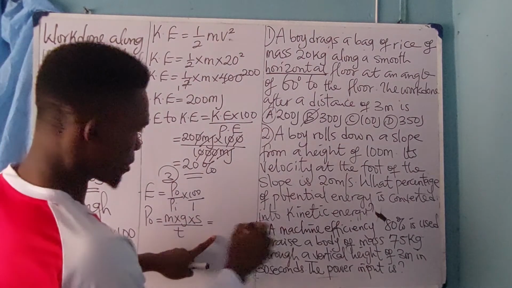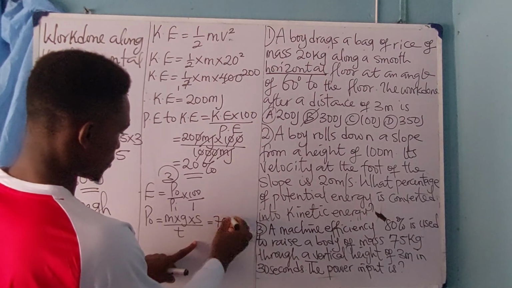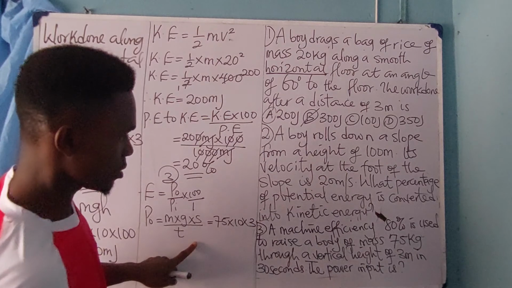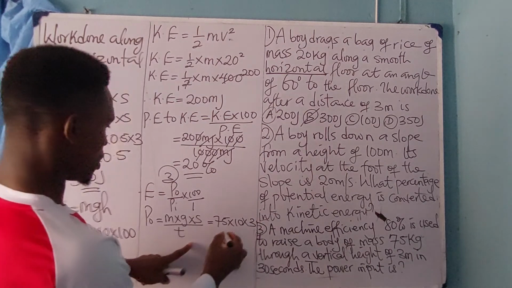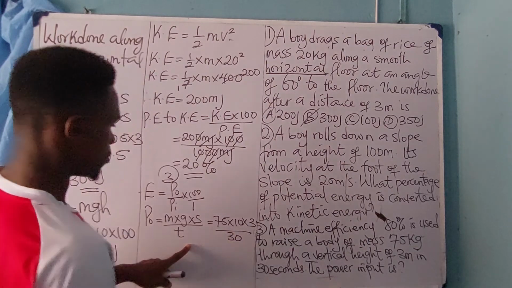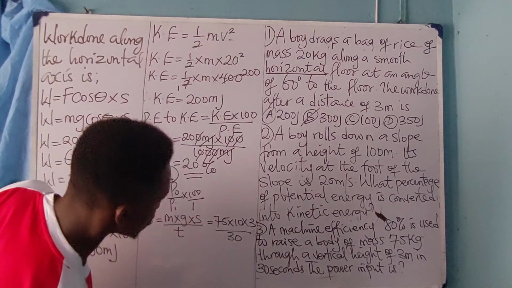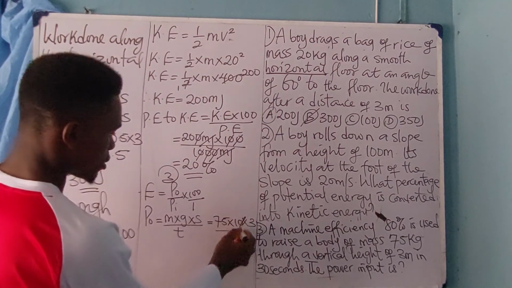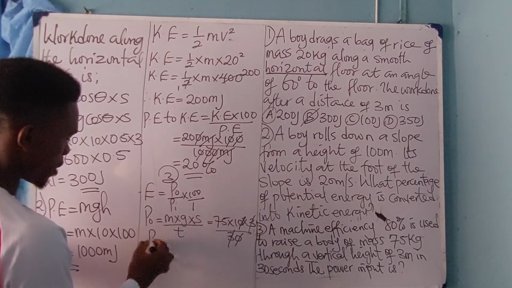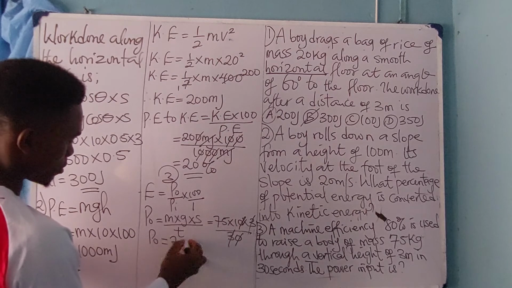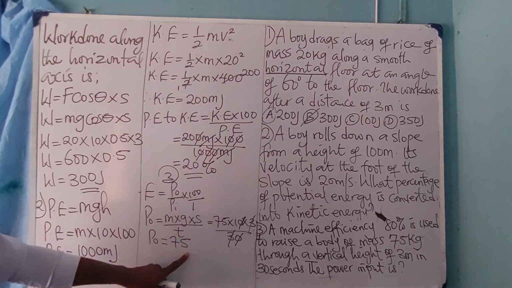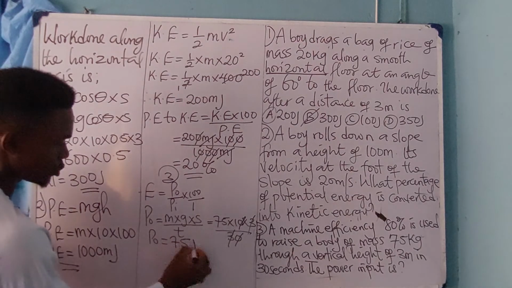The mass was given as 75, g is 10, then the distance is 3, then you have the time as 30. Alright, so this will go into this, 3 will cancel out. You now have 75, which means that power output is 75.